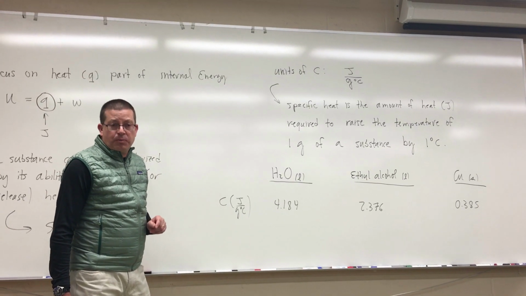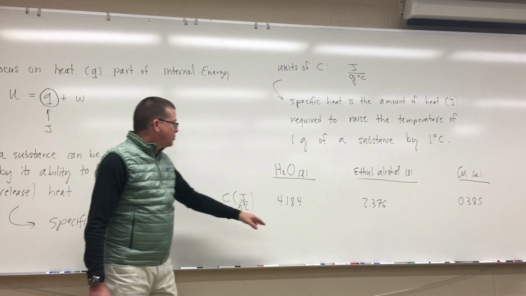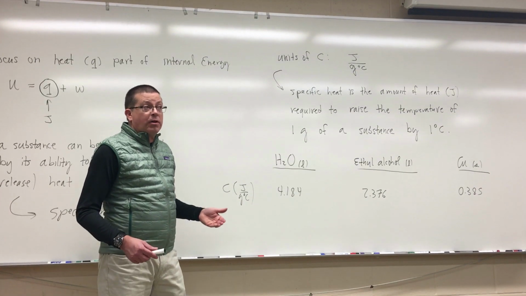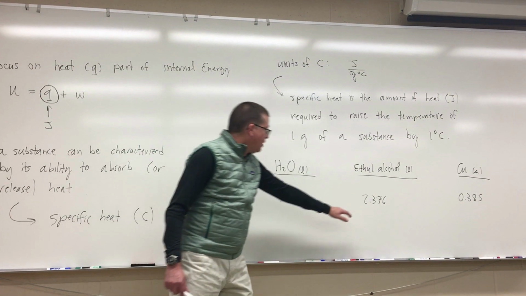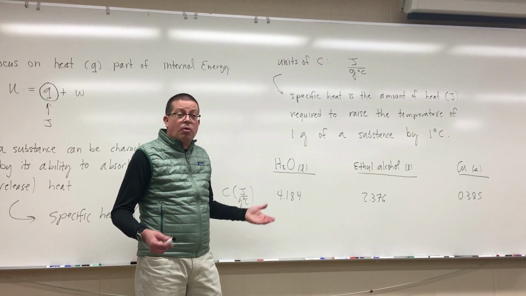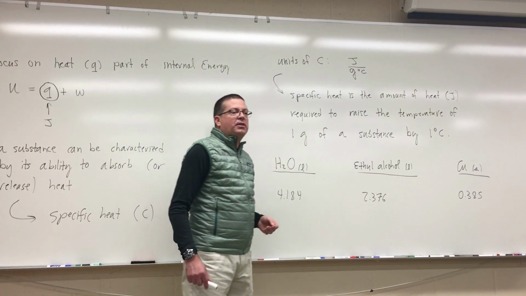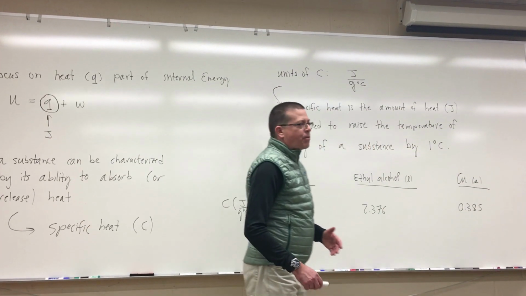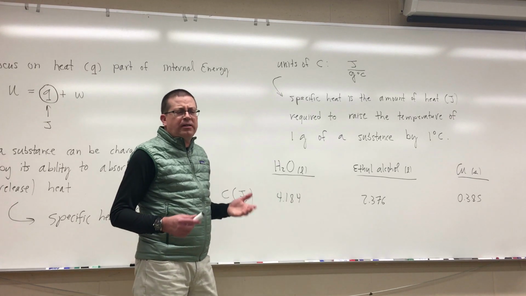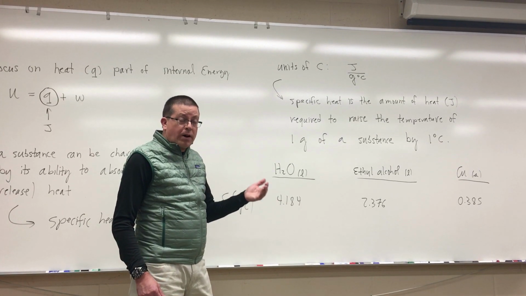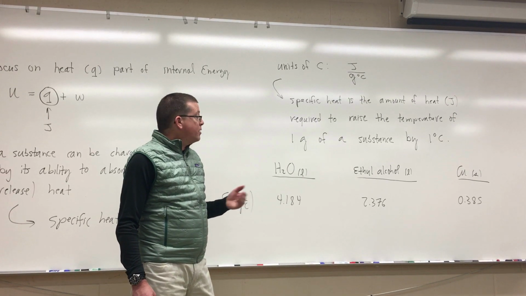What this tells me is that water has to absorb a lot more heat to raise 1 gram of it by 1 degree Celsius than ethyl alcohol would. Water has to absorb almost twice as much heat. And copper, a solid metal, has to absorb very little heat to raise its temperature for 1 gram by 1 degree Celsius.